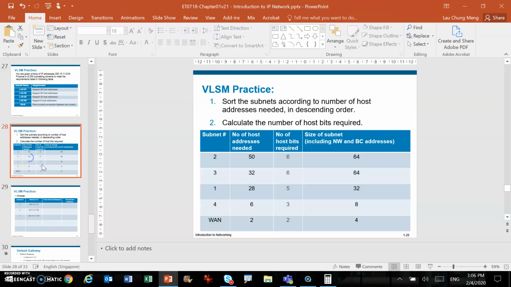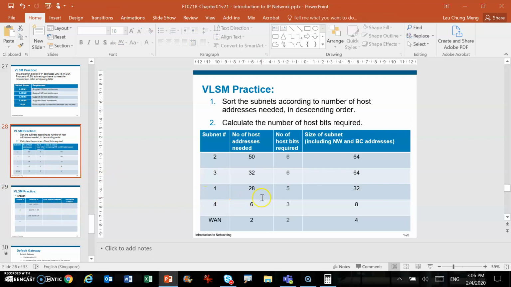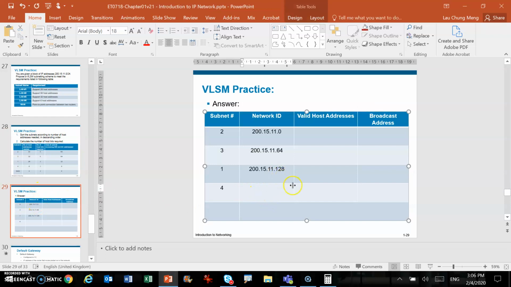Finally, the next one will be subnet 4. What's the network ID? Look at the size of subnet 1. The size of subnet 1 is 32, so 128 plus 32 will be 160.